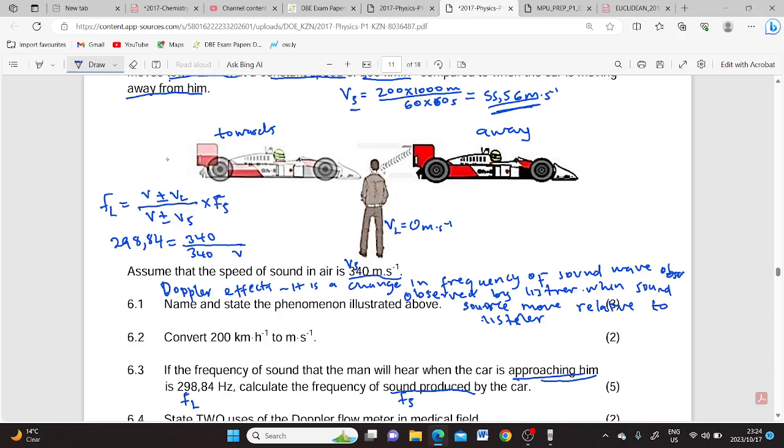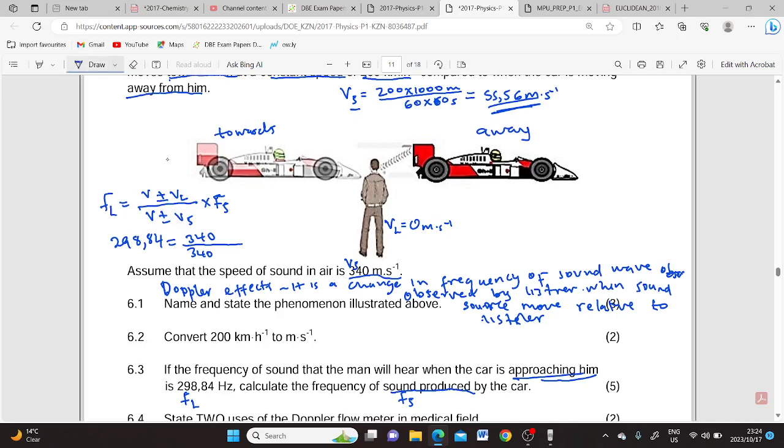Oh, they said calculate 55,56. Now the question says the car is approaching him. So when it approaches him, of course we hear a higher frequency, then we should put a minus here. We've seen that before, that when it approaches him, we hear a higher frequency.